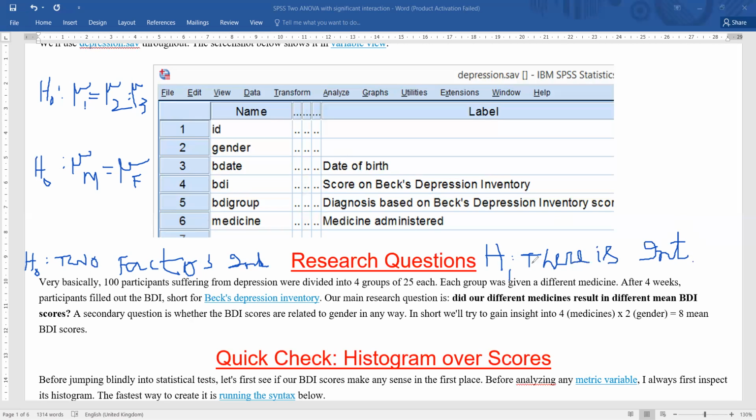Our decision on analyzing the other two hypotheses will be based on the third one. The third hypothesis is to be tested first, and then, based on whether the interaction is significant or not, we have to decide what type of one-way or two-way analysis is to be used for analyzing the simple effects.